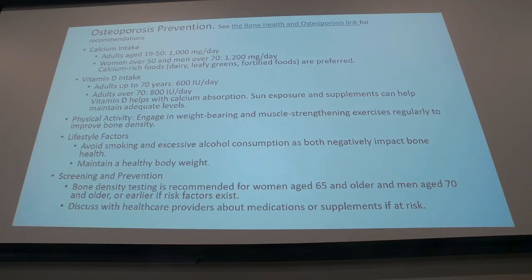Vitamin D intake, up to 70 years, is 600 international units of vitamin D, and for adults 70 years and over, 800 international units. The function of vitamin D is to help absorb calcium, and you can expose yourself to sunlight as well.